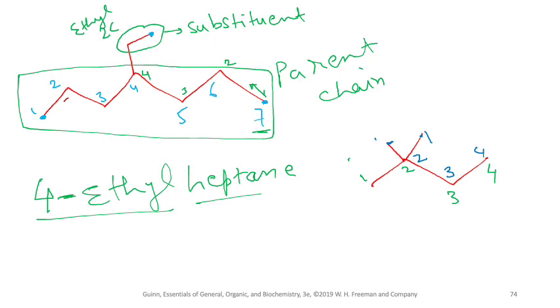If I start from here, 1, 2. Now I have a choice. I can go up, I can go down, or I can go straight. If I go straight, I have 2 more carbon instead of 1 on both sides. So I can go 3, 4. It doesn't matter which carbon atom you start with, you will not get more than 4 atoms in this entire molecule.